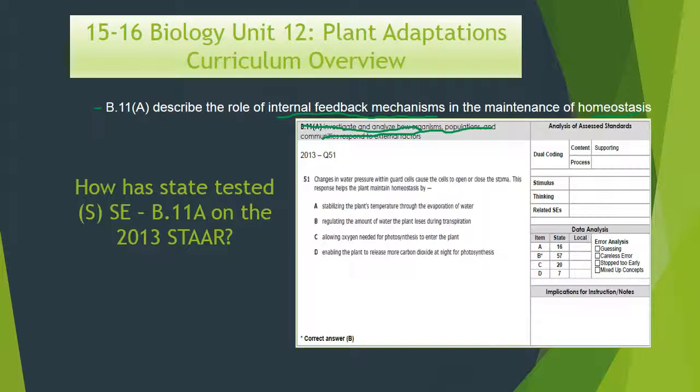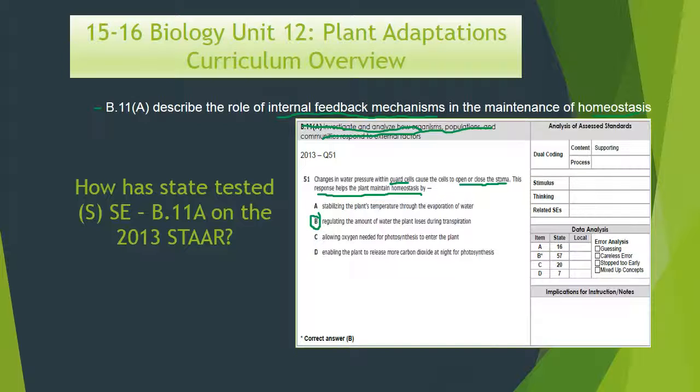And so we look at question 51 from the 2013 assessment. It says, as it relates to plants, changes in water pressure within guard cells cause the cells to open or close the stoma. This response helps the plant maintain homeostasis by, and the correct answer is to regulate the amount of water the plant loses during transpiration.